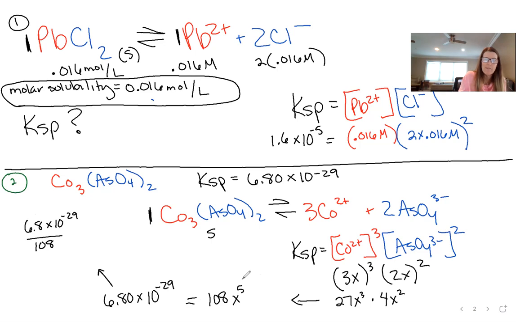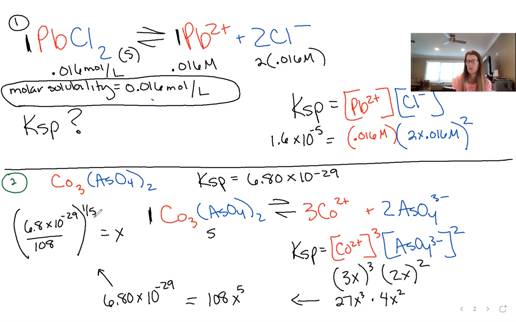And then to get rid of that 5 there, since I'm solving for x, I've got to raise this to the 1/5 power. So I have my 6.8 times 10 to the negative 29th. Wow, that is tiny. This stuff essentially doesn't dissolve, is what that's saying.